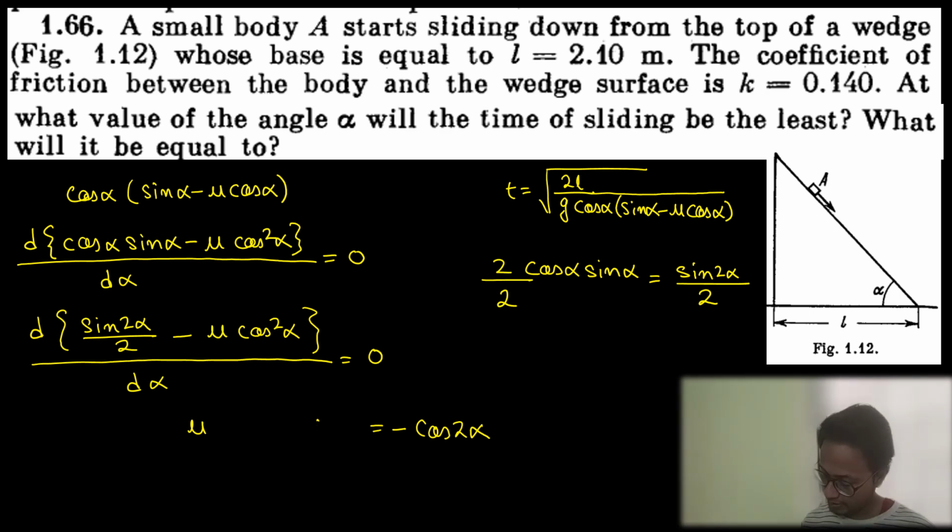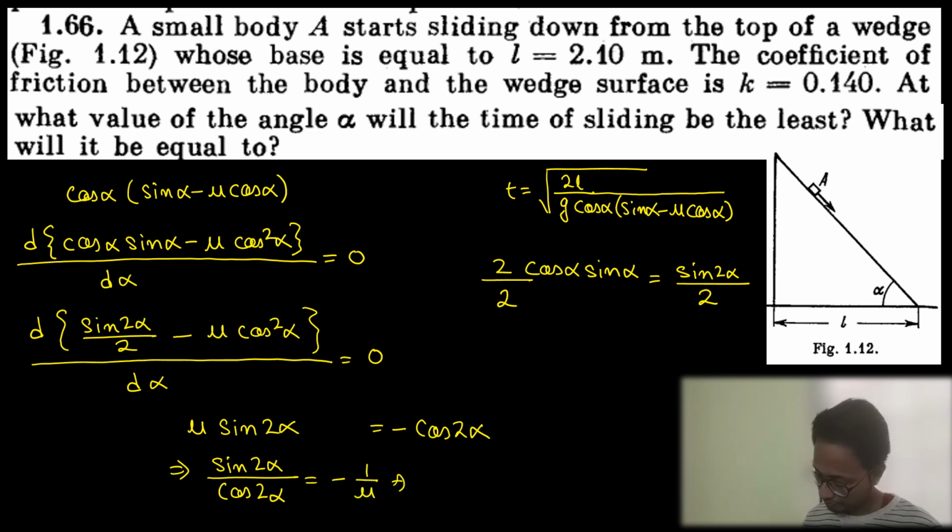So sin 2 alpha by cos 2 alpha is equal to minus 1 by mu, or tan 2 alpha is equal to minus 1 by mu.